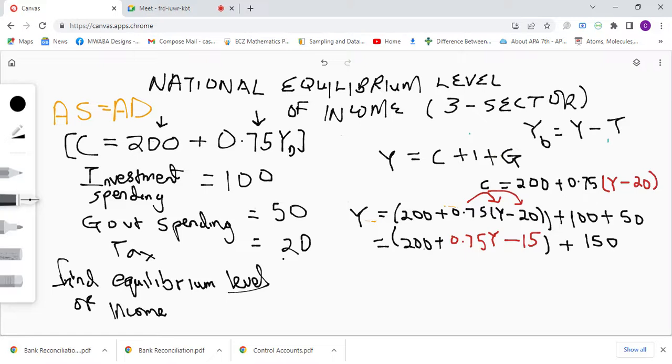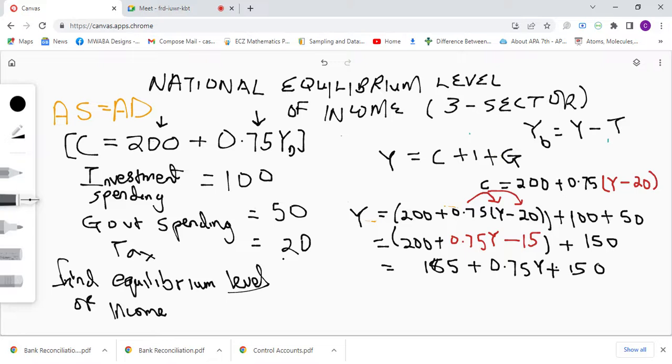So within this bracket, we're going to say 200 minus 15. We're going to get 185. 200 minus 15, that's 185. So it's 185 plus 0.75y plus 150.